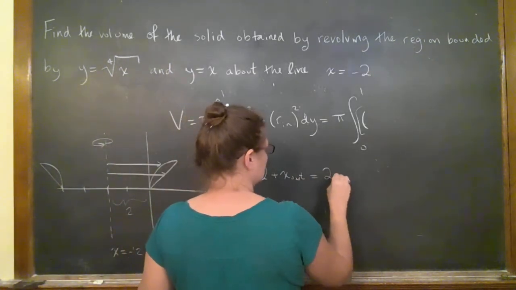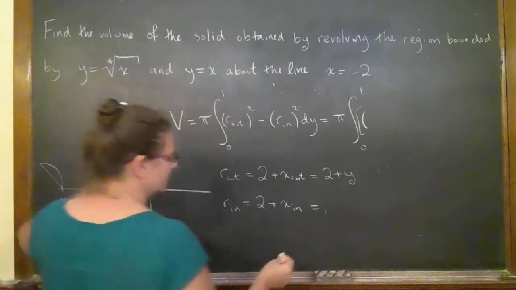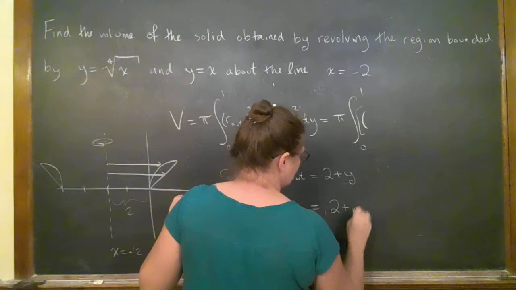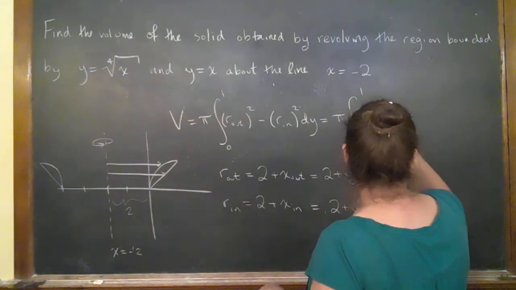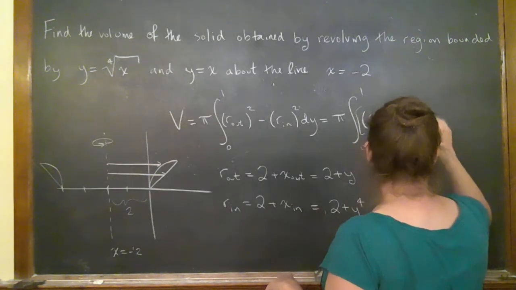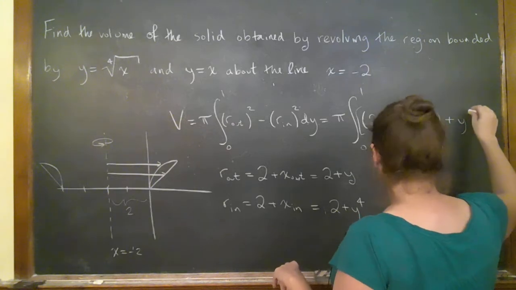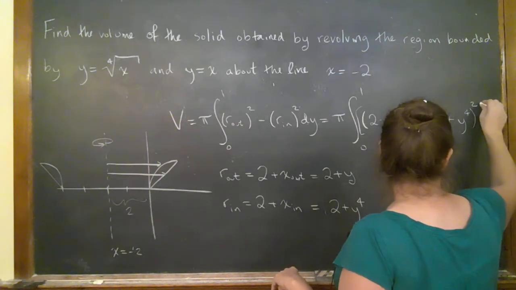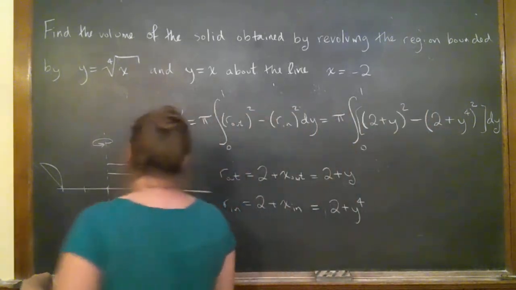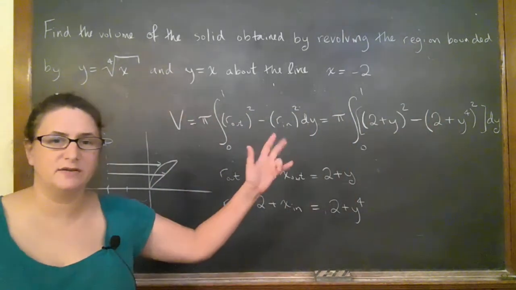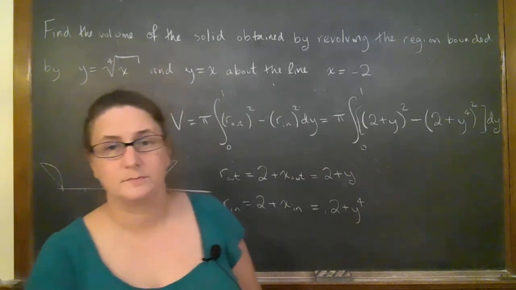So this is going to be 2 plus y. And the inner radius is the curve, so that's going to be 2 plus y to the 4th. So outer minus inner. Really, having the picture is very important to figuring it out. Okay, and I'll just leave it there. I'm not going to evaluate that one.